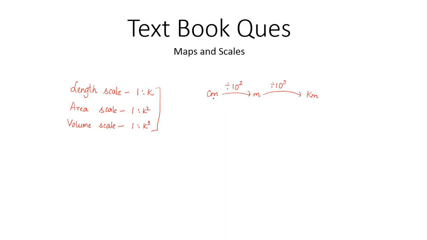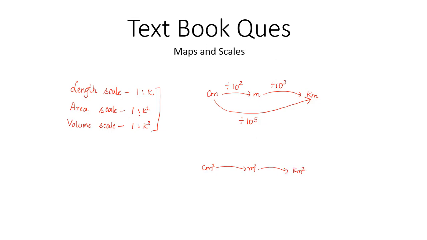Coming back to this, if I'm looking for a direct conversion of centimeter to kilometer, then needless to say, we need to divide by 10 raised to the power 5. So just as this is the length scale, if I were to do the same conversion on the area scale, which means we do a conversion of centimeter square to a meter square, maybe a meter square to a kilometer square.